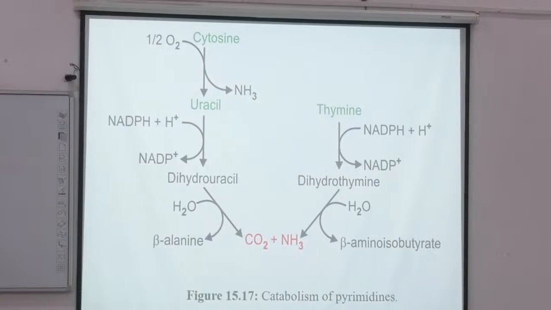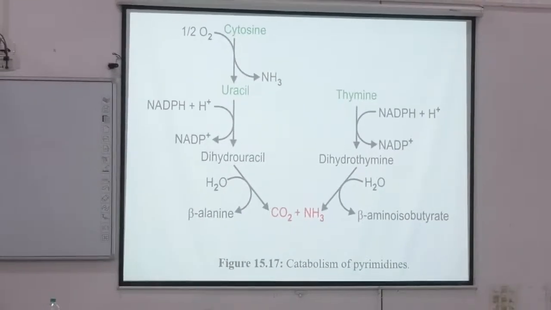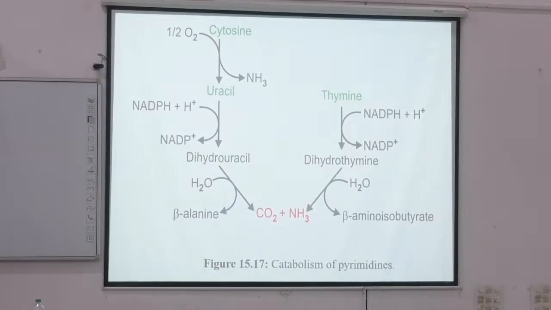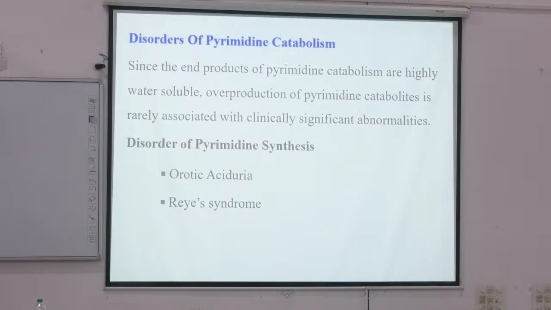You will see that cytosine, uracil, thymine form dihydrouracil, dihydrothymine, beta alanine, and amino isobutyrate, and further produce CO2 and NH3. This is the catabolism. You already know all these things.